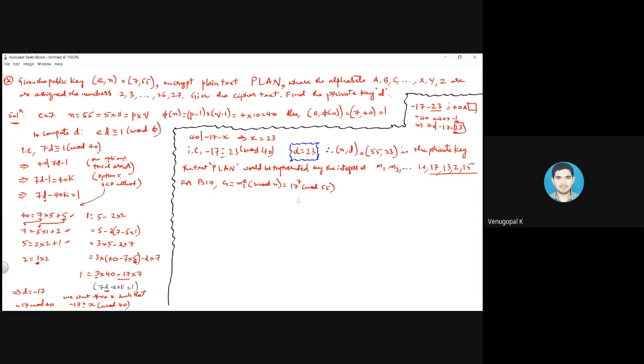We can find it using a calculator as we did in the previous class.